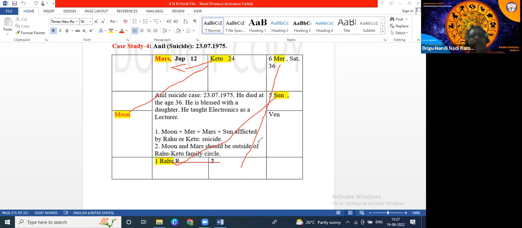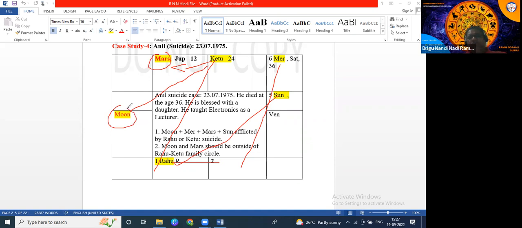So Mercury, Moon, Mars, Sun, these four planets are controlled and afflicted by Rahu Ketu. So the native will get a suicidal tendency. Generally they will have it, and moreover, when outside the Rahu Ketu family circle Moon and Rahu are together, the native will definitely commit suicide.